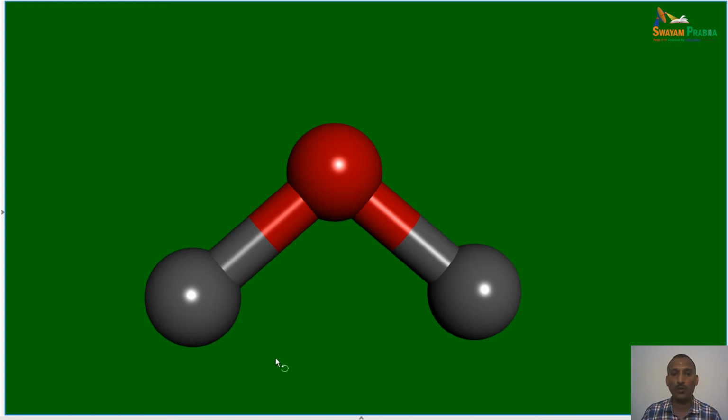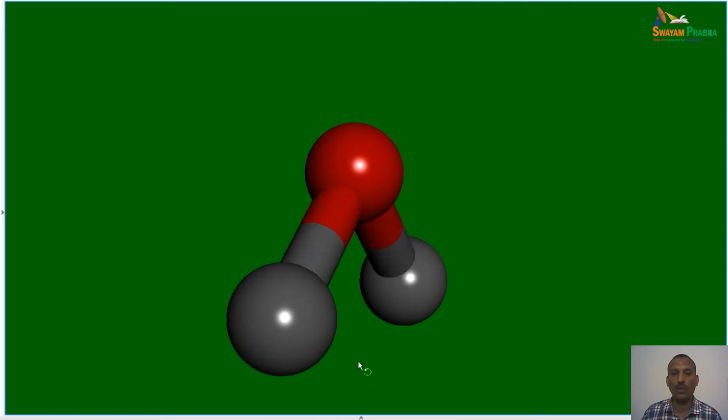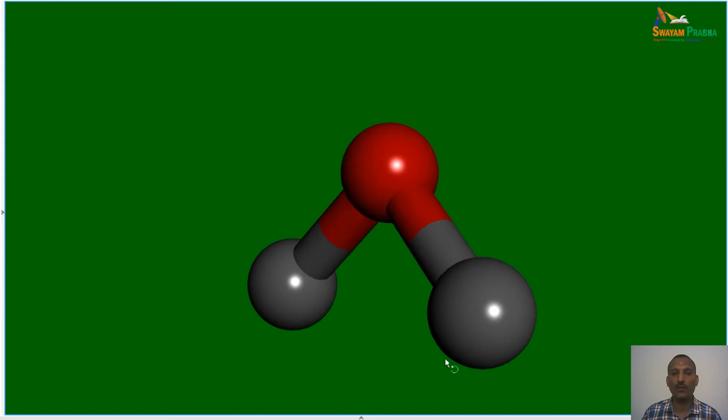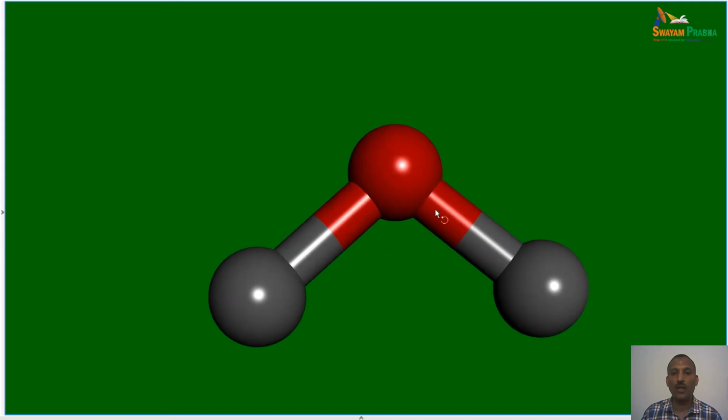I am going to rotate 180 degrees, slowly. So this is a 90-degree rotation. I did the 180-degree rotation. When I do the 180-degree rotation, I get exactly the same representation as shown in the beginning. So that means this is what is called the C2 axis of symmetry.